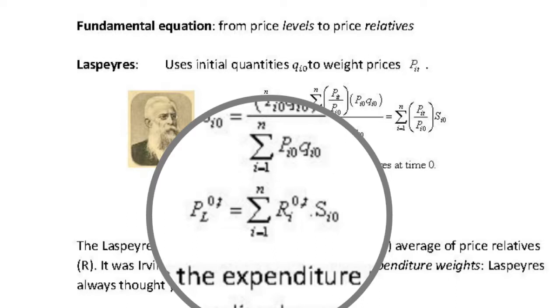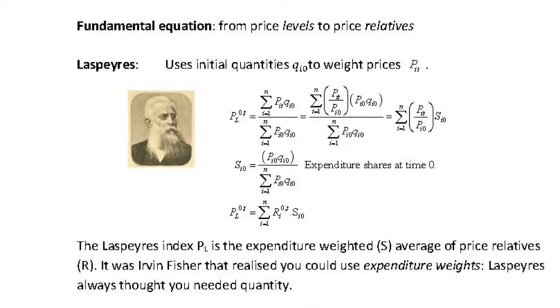So what we've done is we've taken the standard Laspeyres index, which is expressed in terms of prices and quantities, and we've re-expressed it, with exactly the same value, in terms of price relatives and expenditure shares. It was actually Irving Fisher that realized you could rewrite the Laspeyres index in terms of expenditure weights. Laspeyres himself always thought you needed to have quantities.